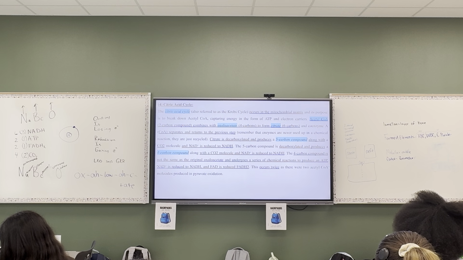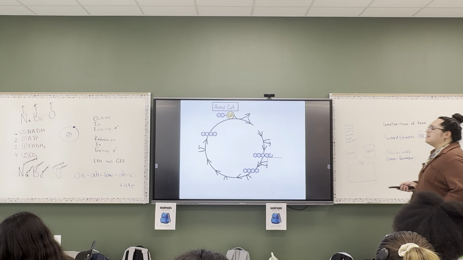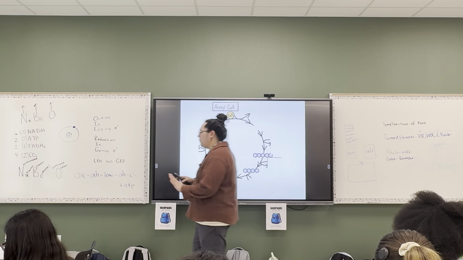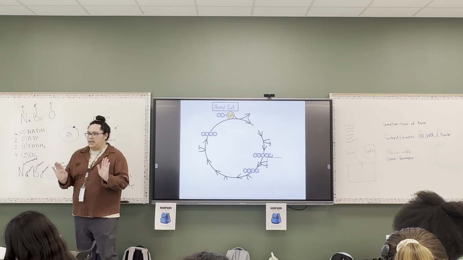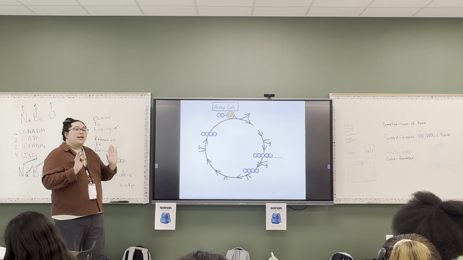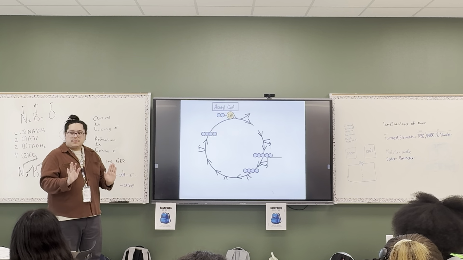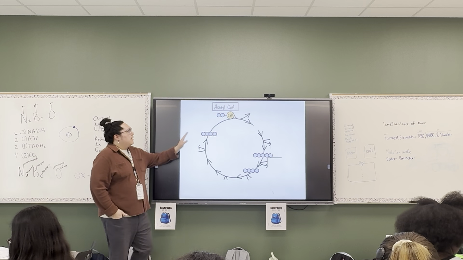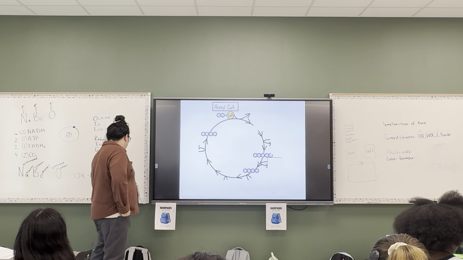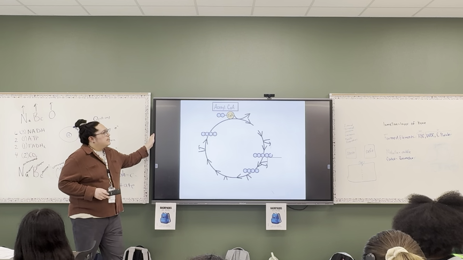Okay. So let's go ahead and look at the citric acid cycle, but before we do, I want us to see what's going on. Again, I know it's a lot, but baby steps. What happens with acetyl-CoA again? The CoA does what?